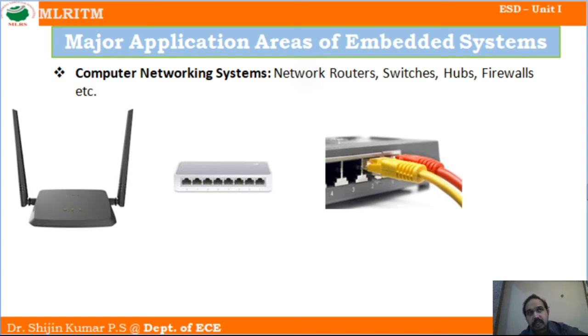Then switches: if you want to connect a larger number of computers to a network, we need network switches. Hubs are there; many connections will be connected together in a network hub. These are all applications in the field of computer networking systems.